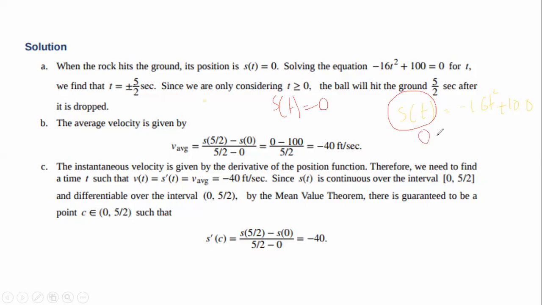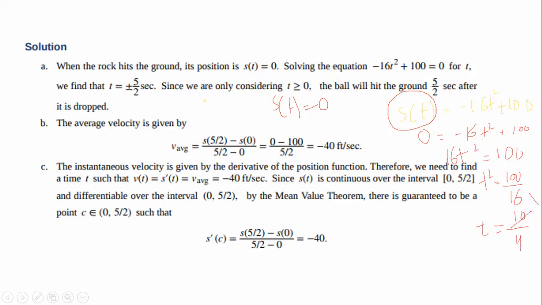So I put 0 equals minus 16 t square plus 100, then 16 t square equals 100, and t square equals 100 divided by 16. Taking the square root on both sides, t equals 10 upon 4.